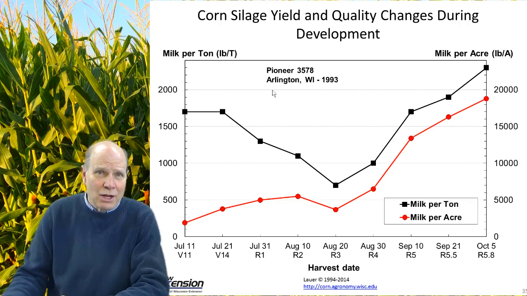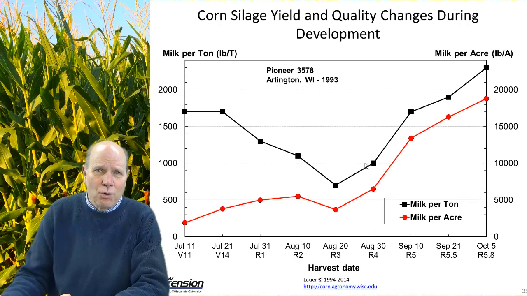And like alfalfa, that quality, as measured by milk per ton, goes downhill very quickly as maturity goes on. But unlike alfalfa, corn silage quality goes up as that grain starts to come on. And we end up with better quality at maturity than we do back at the flowering stage.